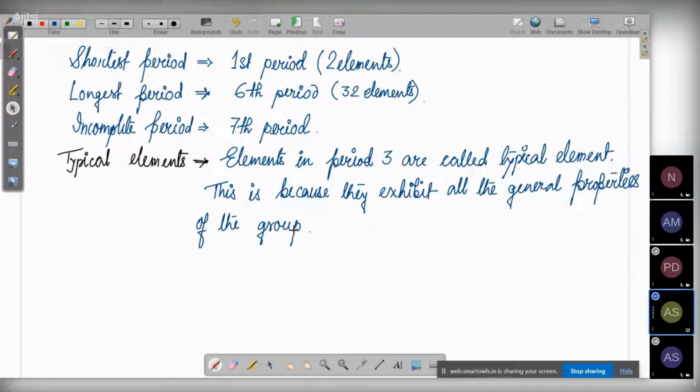So that is why elements that are present in period 3 are called the typical elements.